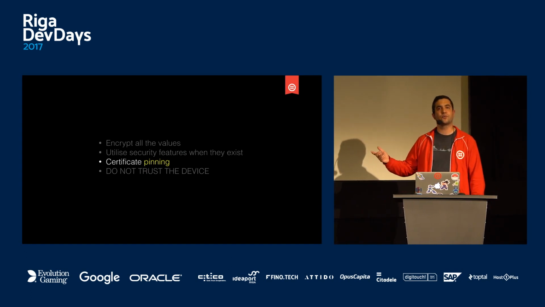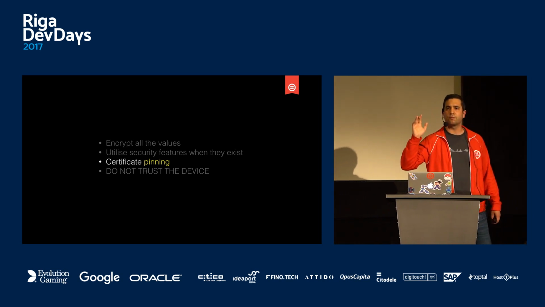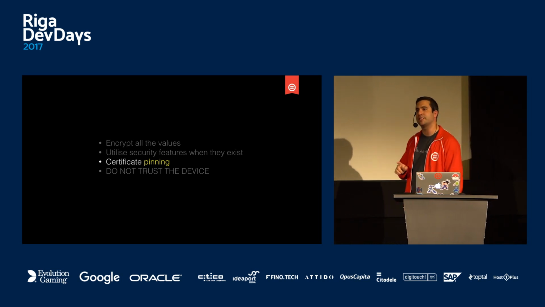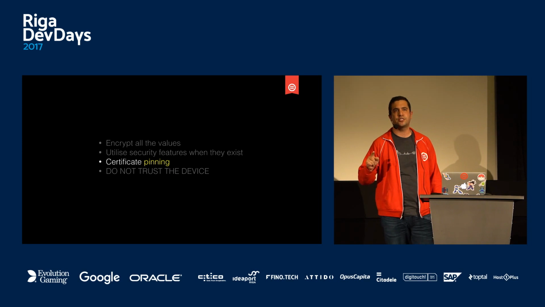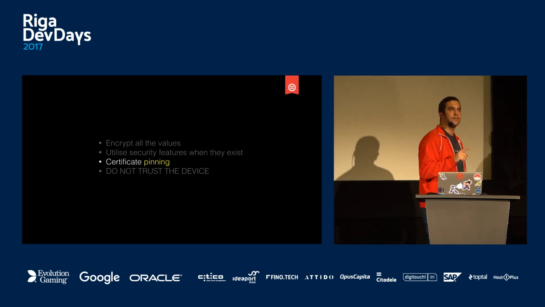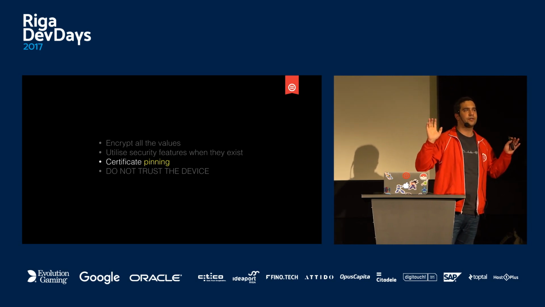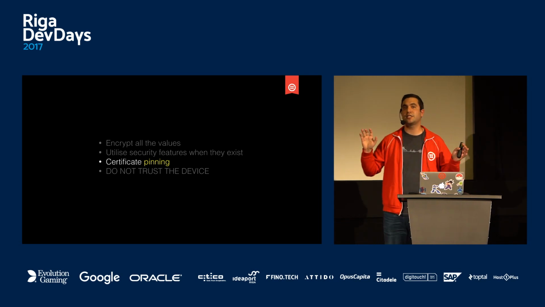Certificate pinning is also important. Who's heard about certificate pinning here? Cool. So certificate pinning is a really important thing because developers, especially mobile developers, have this impression that when they're using an API and this API has an HTTPS in front of it, they feel secure. They're like, oh, this is good because it's encrypted, right? As it turns out, it's not.